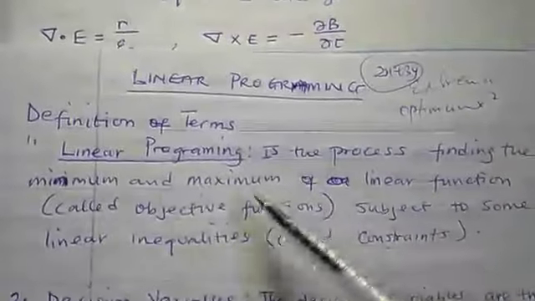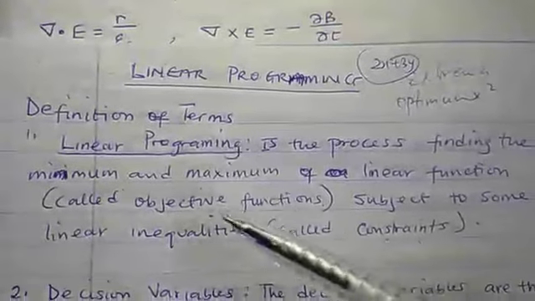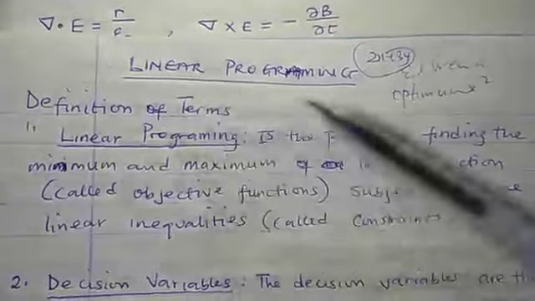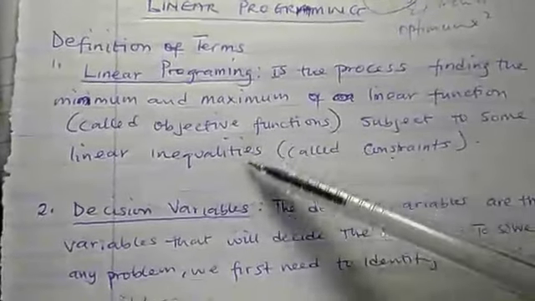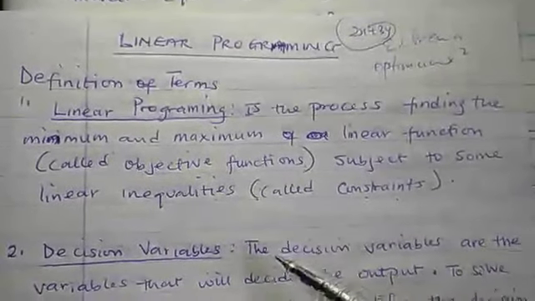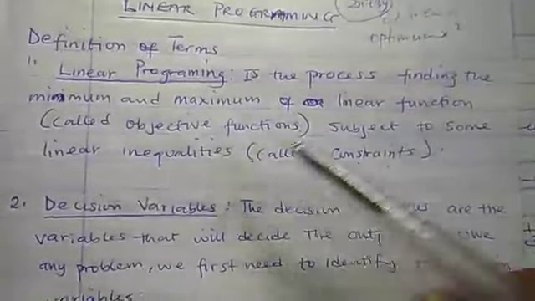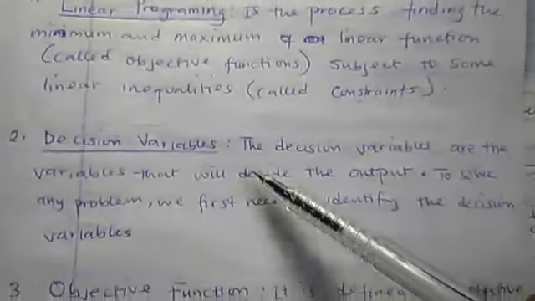But we are talking about linear. When we find the maximum and minimum of a linear function, we use linear programming. Linear programming is one of the applications of linear inequality.